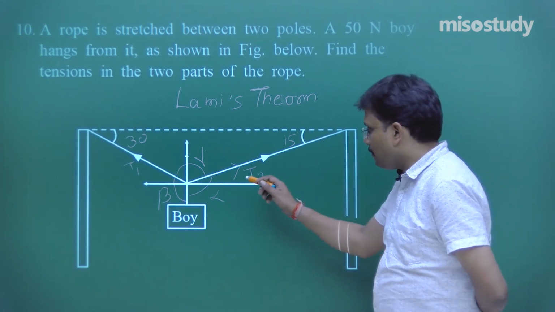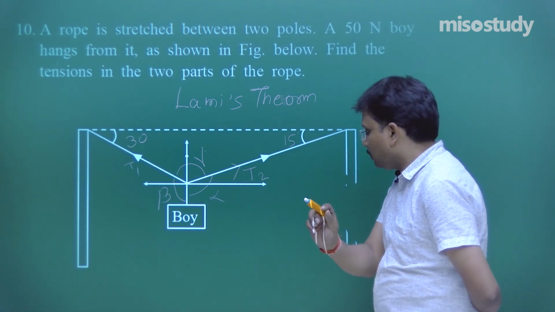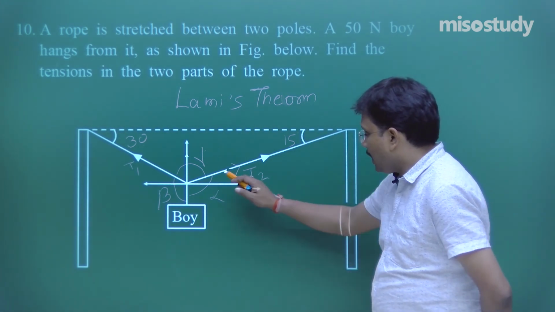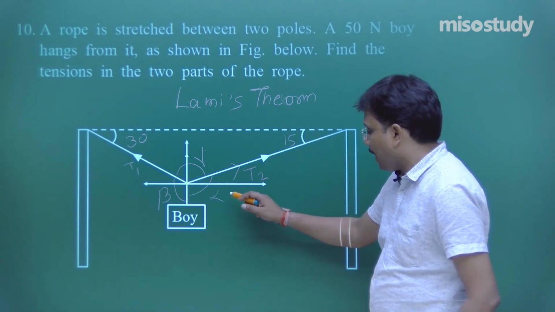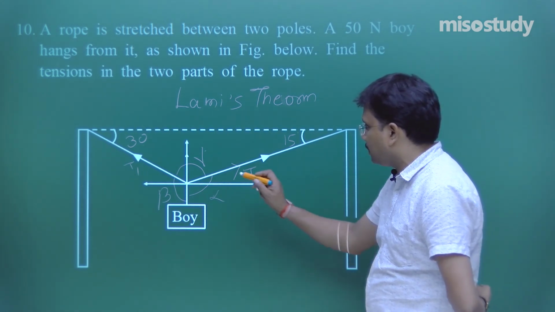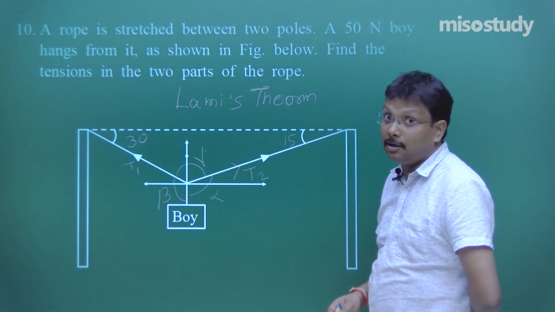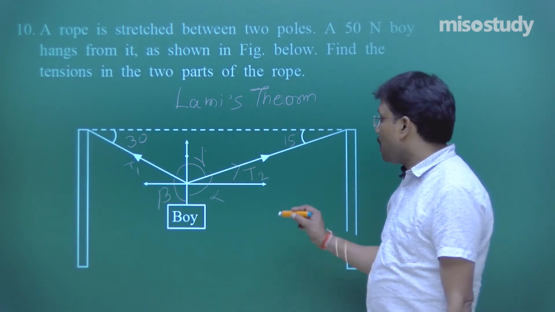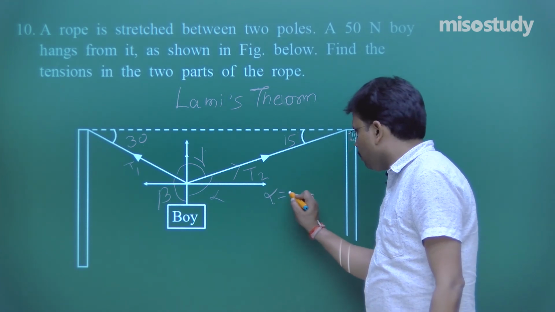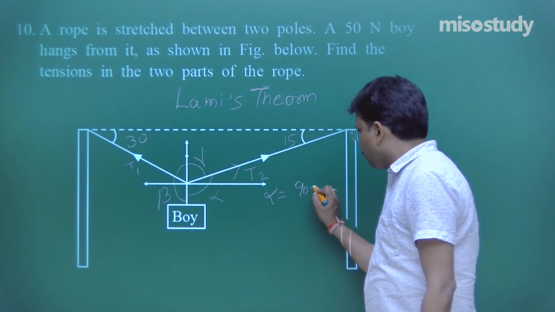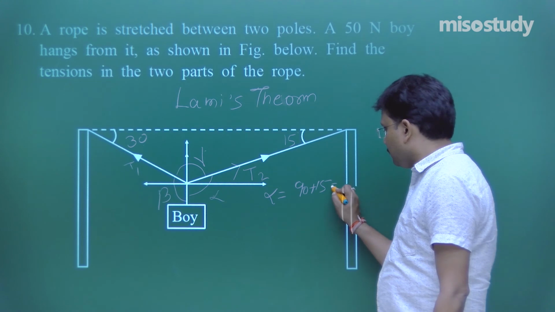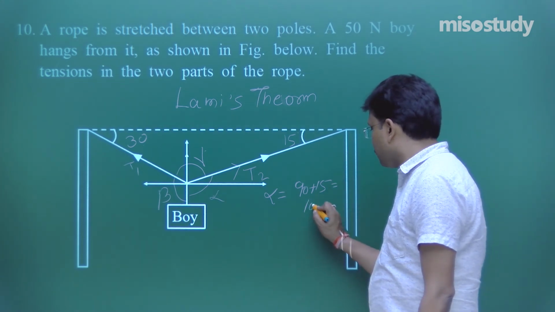Now from here I will write down just a few steps. Alpha is equal to this angle of 90 plus 30, plus 15, that will give you 105.